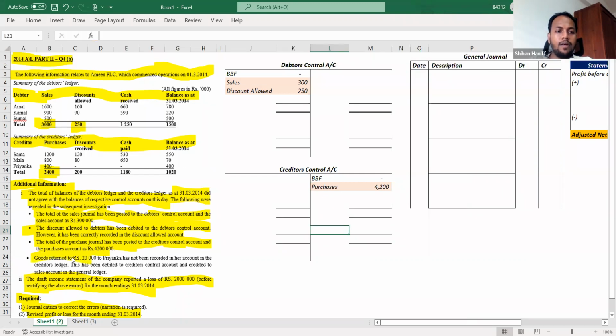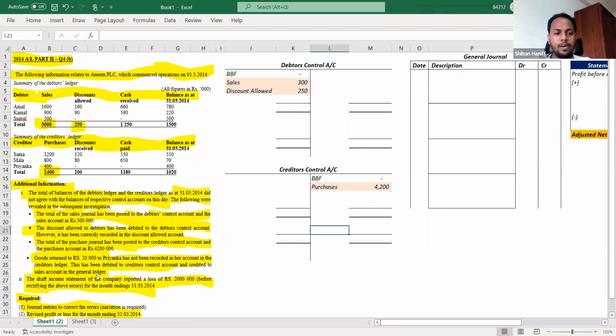goods returned 20,000 to Priyanka has not been recorded in her account in the creditors ledger. This has been debited to creditors control account and credited to sales account in the general ledger. Goods returned, so it's a purchases return.